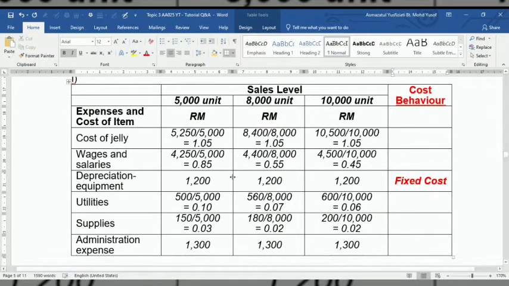Okay, another one, you can see the administration expenses. Okay, the cost is 1,300 at 5,000 unit, 8,000 unit and 10,000 unit. All level is same or constant. So, this one also is a fixed cost. Okay.